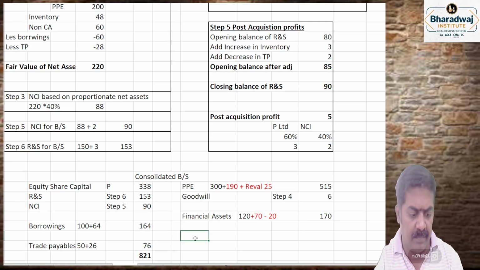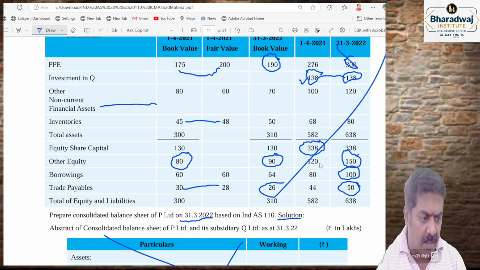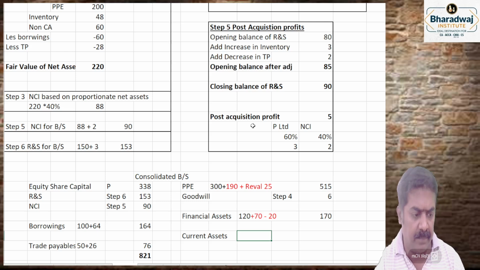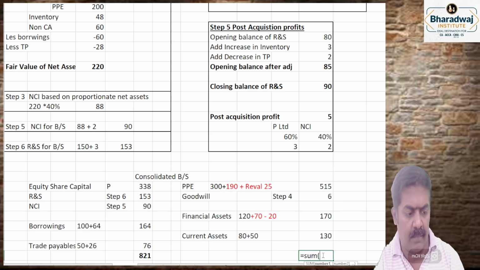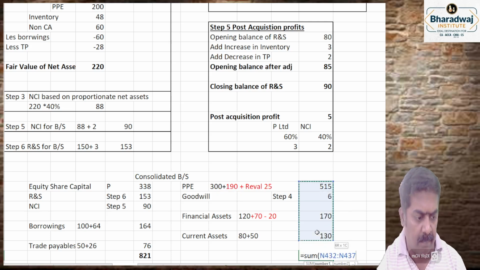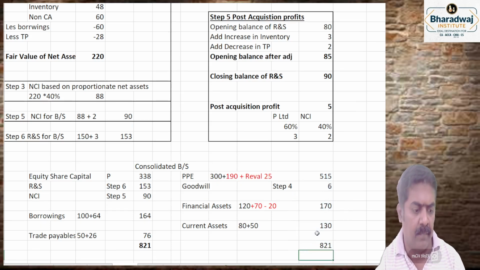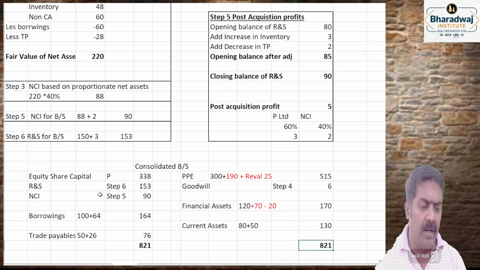Then current assets. Current assets. Inventory. 80 plus 50. $821 it will tally.